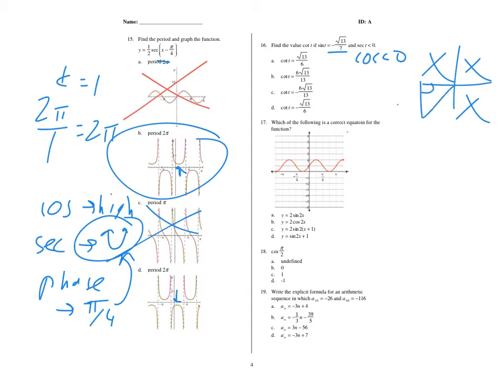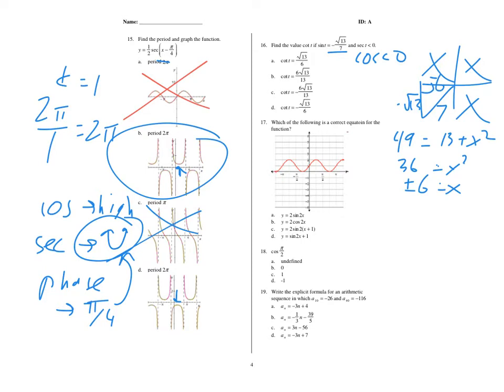So they say the sine is negative root 13 over 7. So we would use Pythagorean for the last side. So 49 equals 13 plus x squared. So that would be what? Minus the 13, 36 equals x squared. And so this would be x equals plus or minus 6. Now it is negative 6 since it's going to the left.